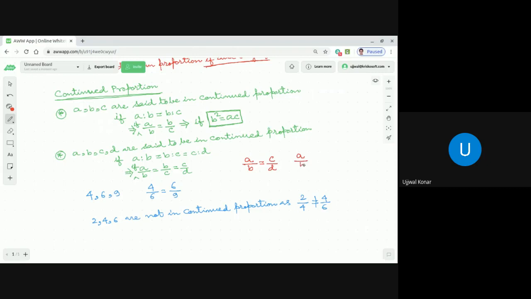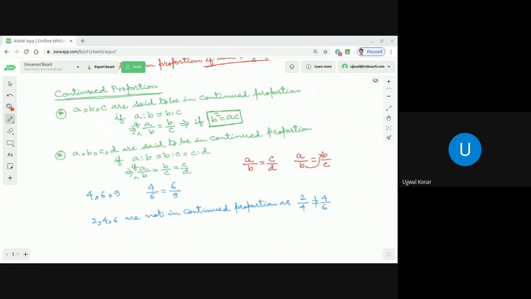A by B, instead of C by D, we are writing B and C. And that is why B is getting continued here. That is why we call this a continued proportion. Clear or not clear? Clear, sir. Okay, great. So this is about continued proportion.